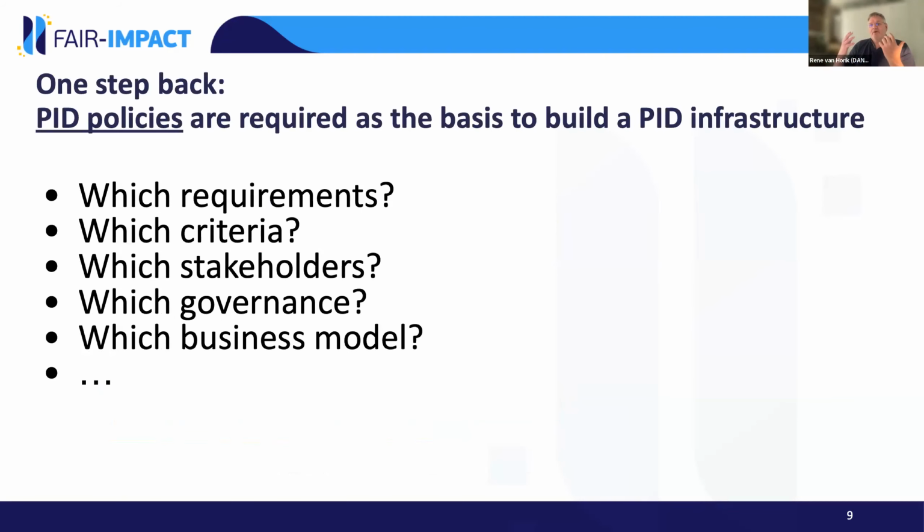But now I would like to do one step back, because we now have a nice overview of existing services and PID schemes and organizations and initiatives and managers, etc. But of course, everything starts with the policy.